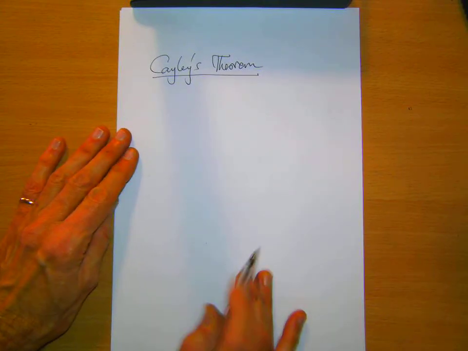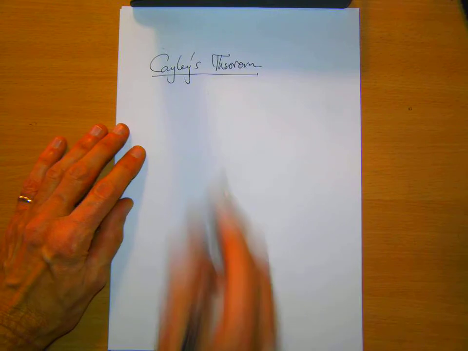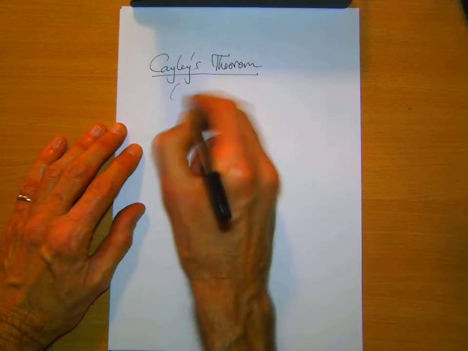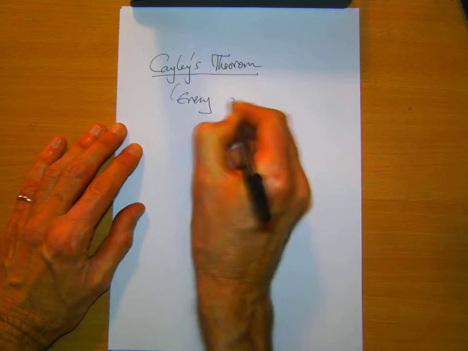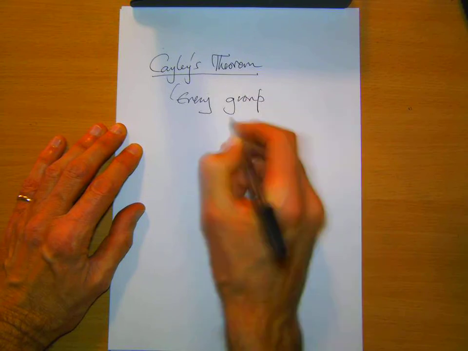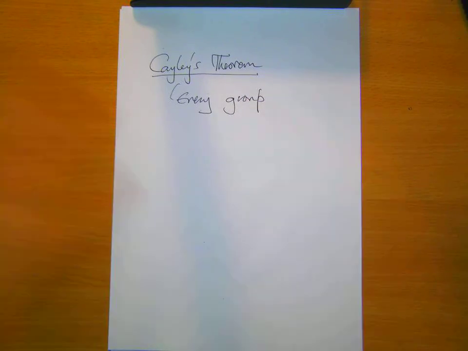So this is a little advert before the break, if you like. So this basically says that every group, any group at all, not every group is a symmetric group, but every group is isomorphic to a subgroup of a symmetric group.